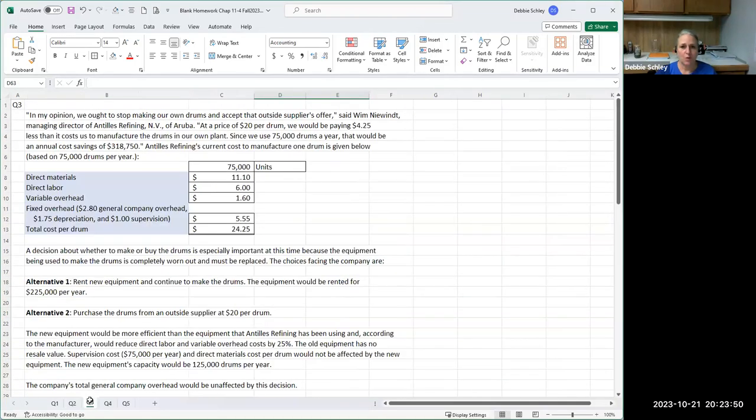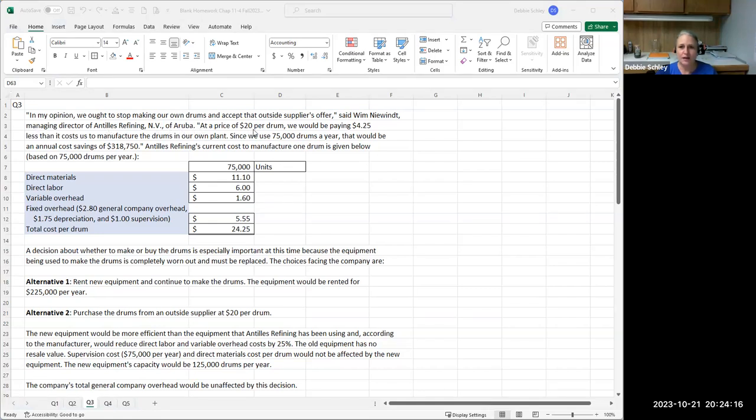Okay, question 3. Looks like a bear, but it's really okay. There's just lots of choices here. So we're getting into a conversation here. In my opinion, we ought to stop making our own drums and accept the outside supplier's offer, said the managing director of Antilles Refining, Nevada of Aruba.